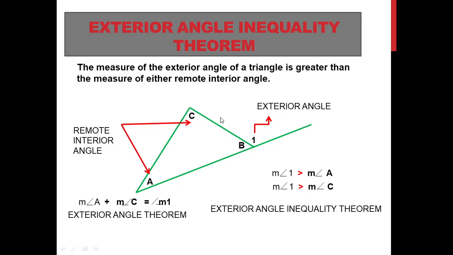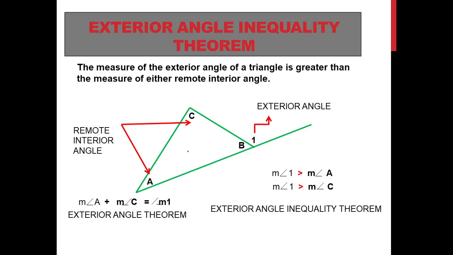Now, we all know that the sum of the interior angles of a triangle is equal to 180 degrees, right? And here, angle B, which is adjacent to angle 1, our exterior angle, forms 180 degrees with it, correct?